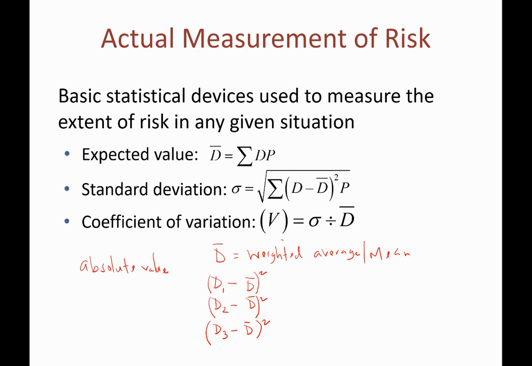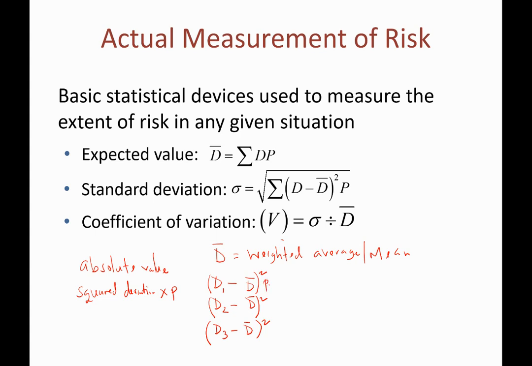Then you take each squared deviation and you multiply it by its associated probability.